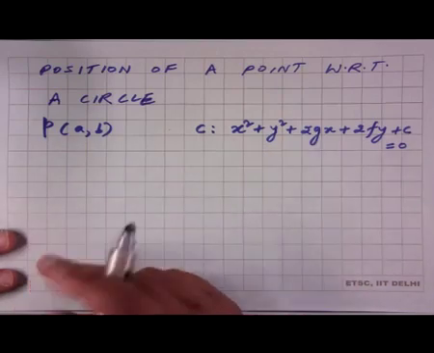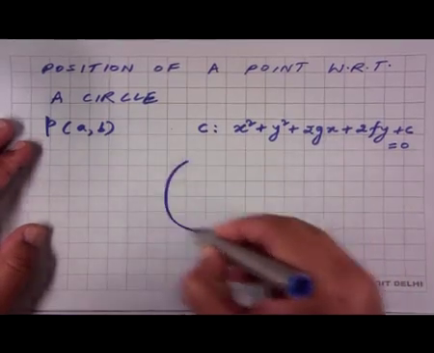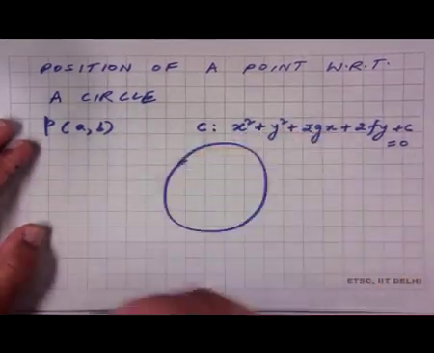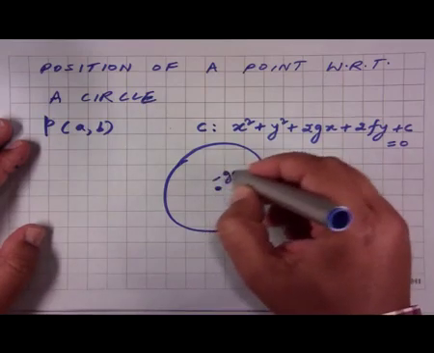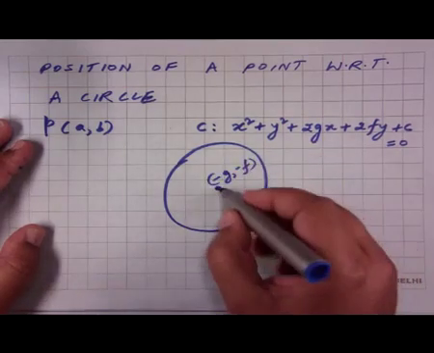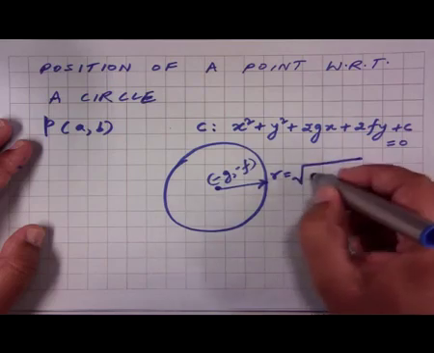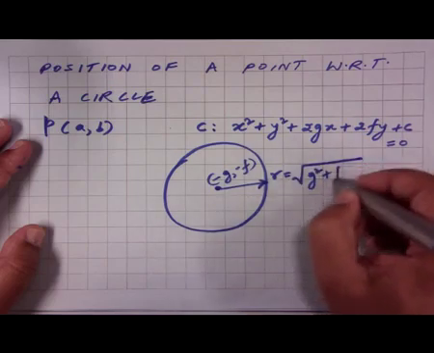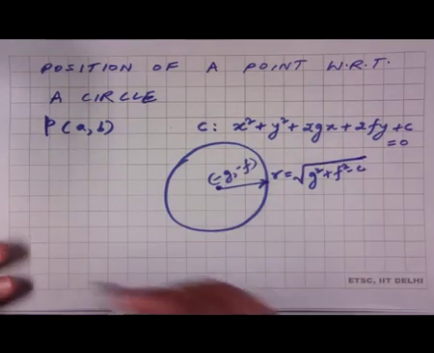Geometrically, the circle has center at (minus g, minus f) and radius equal to square root of g square plus f square minus c.